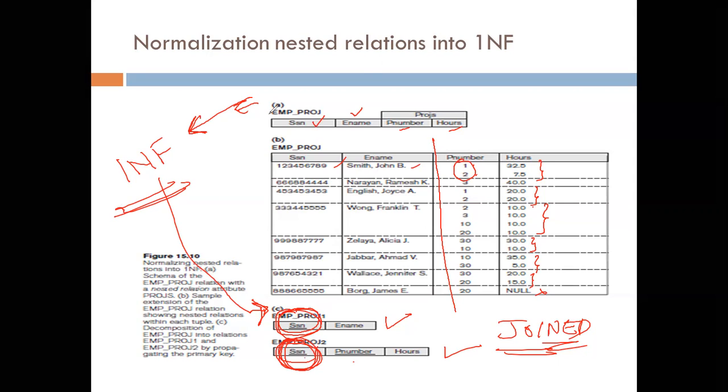So to summarize, in first normal form, there should not be multi-valued attributes and composite attributes. If any composite attributes are there, we will create the columns for each part. For example, in an address field, address will have the city, district, state, country, right?